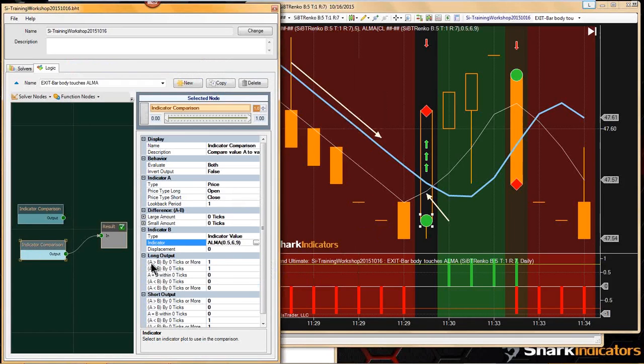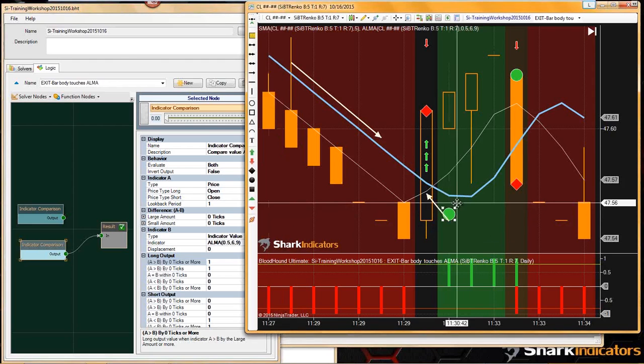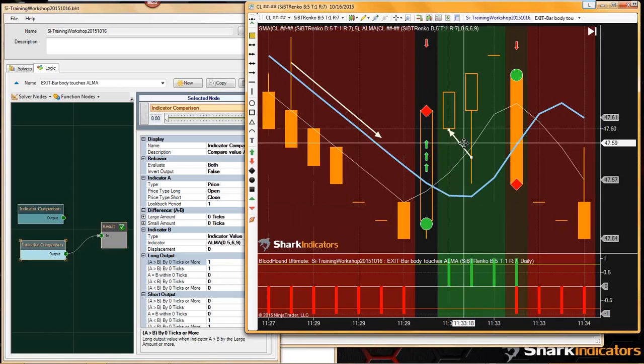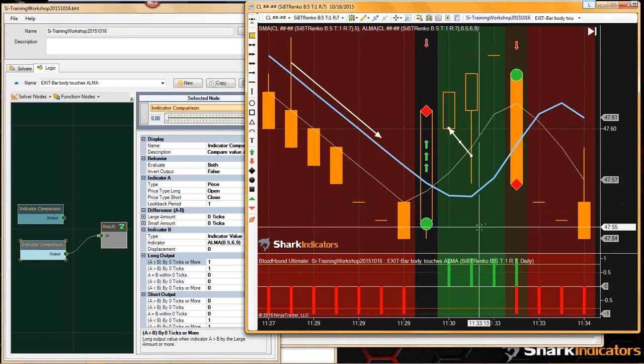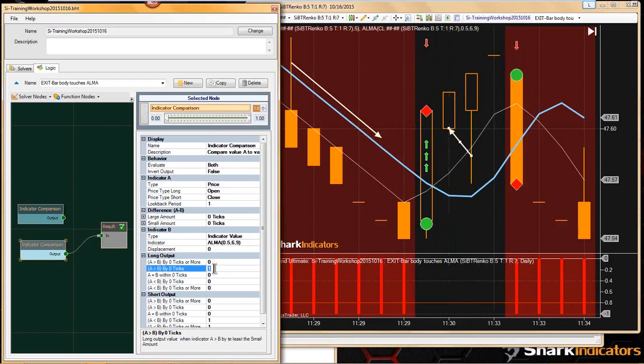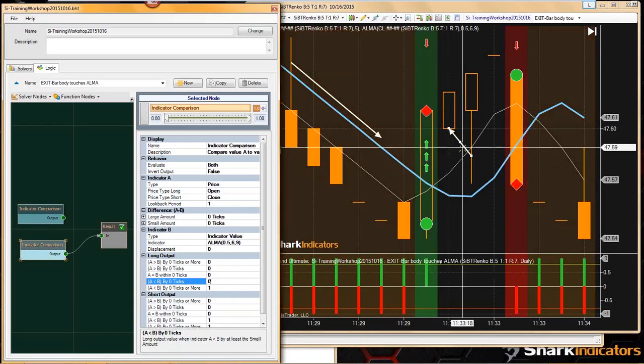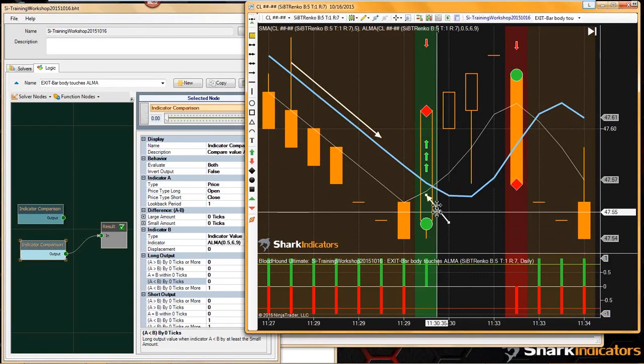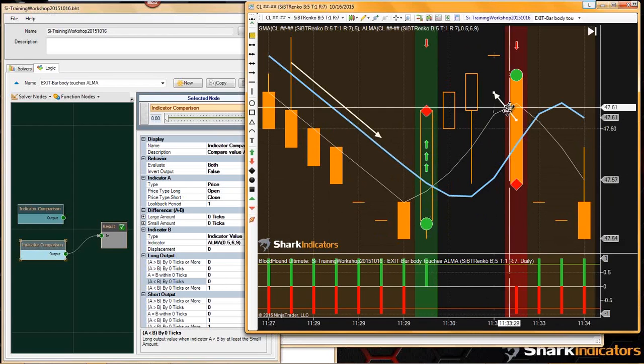So instead of looking for the open price to be greater than the ALMA, which is what's happening, when the open price of the bar is greater than the ALMA we're getting a long output, but that's not what we want. So let's turn those off. What we want is when A is less than B, so the open price less than our indicator. We're going to set that to 1. And now we have a long output here and there's no long output here.